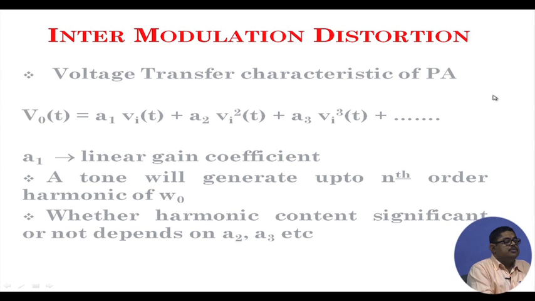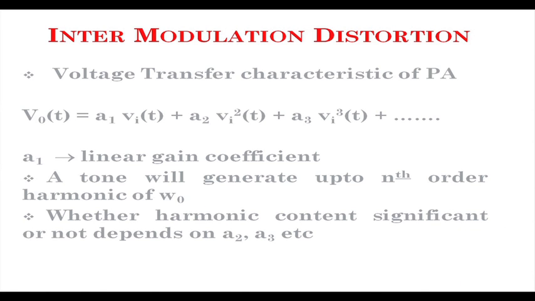Now, if I have a single spot frequency, then that dynamic range concept is sufficient. But generally we have baseband, for example the voice baseband, that is from 20 hertz to 20 kilohertz. So, I have various frequency components present over a band.